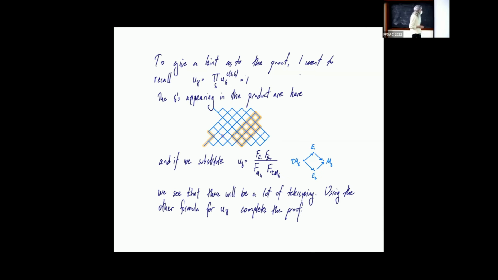And so the key point that I wanted to make that kind of explains how it all works is that it's a telescoping argument. So we had this description with U deltas over here as ratios, so that the U delta associated to this guy is a ratio of 4 guys. And then the U delta associated to this guy is a ratio of these 4 guys. And U delta associated to this guy is a ratio of those 4 guys.